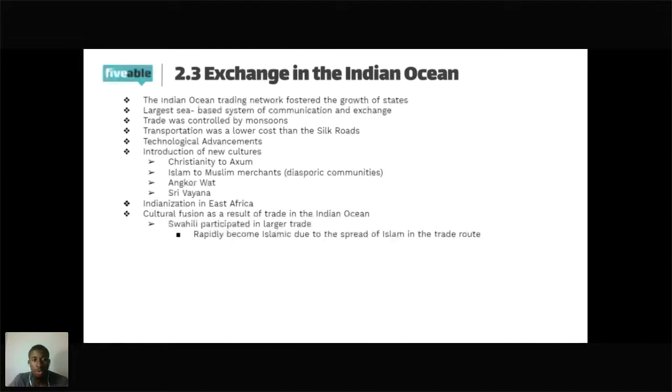Next, you have cultural fusions that resulted from trade along the Indian Ocean trade routes. One notable cultural fusion that you should know about is the Swahili in Africa, who participated in larger trading. This is very important because the Swahili relationships with other civilizations greatly increased because of this trading route.